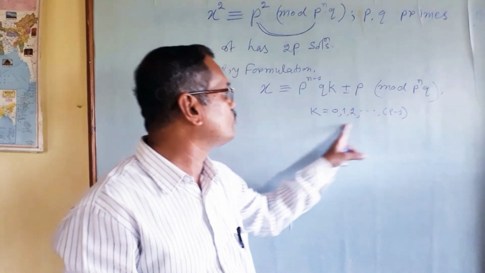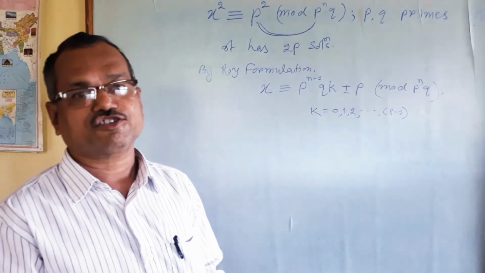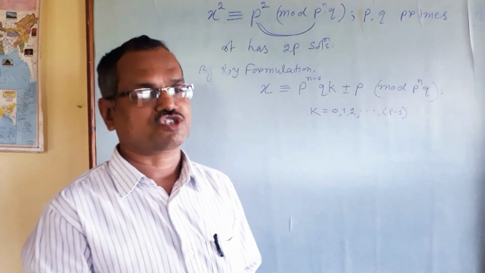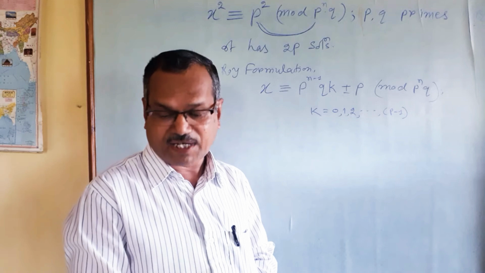These are the p values of k. For different values of k we will get different solutions. In this way you will get 2p solutions. Let us explain this by giving a suitable example.